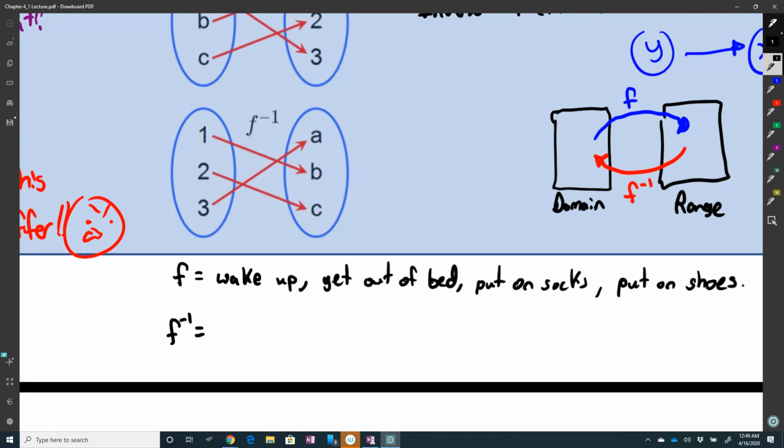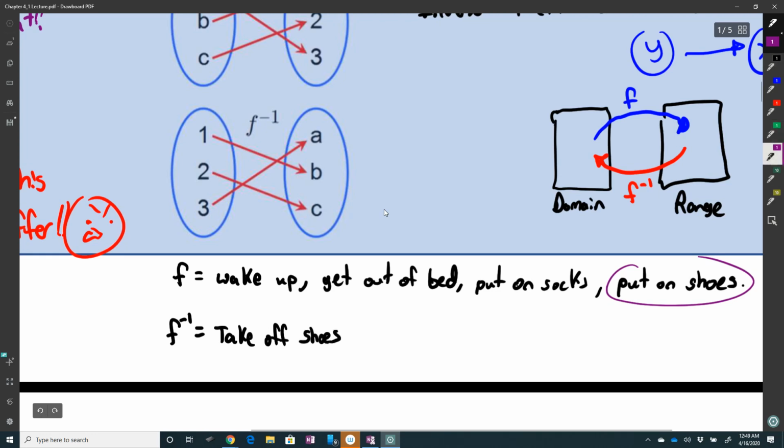So after you get home, take off your shirt, whatever, get ready to go to sleep, you're going to take off your shoes. So the opposite of put on your shoes is take off shoes. And then you do the opposite of put on your socks, which is going to be take off your socks.